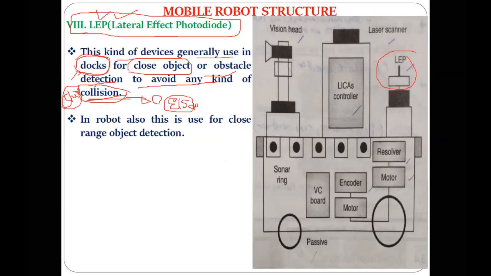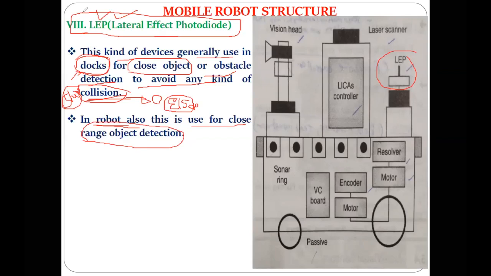Just like it is utilized in the docks or ships, this kind of device can also be utilized in the robot for close range object detection, for objects which are very close to the robot and which might not be detected by the other devices.